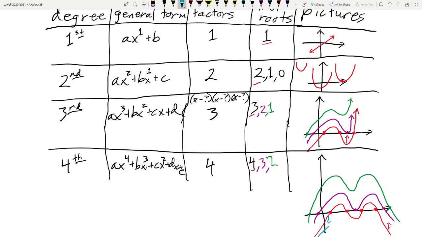By the way, I shouldn't have drawn it this way, but the humps aren't necessarily all the same size, so potentially one hump could be bigger than the other and you'll get that. And then finally, if I just move it down all the way, I could end up like this and just have no x-intercepts or roots.